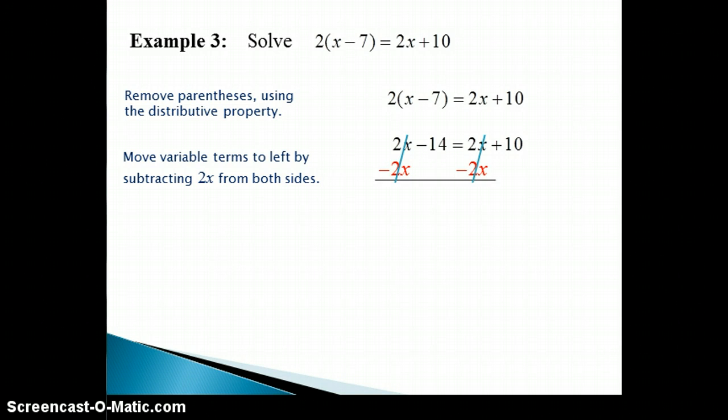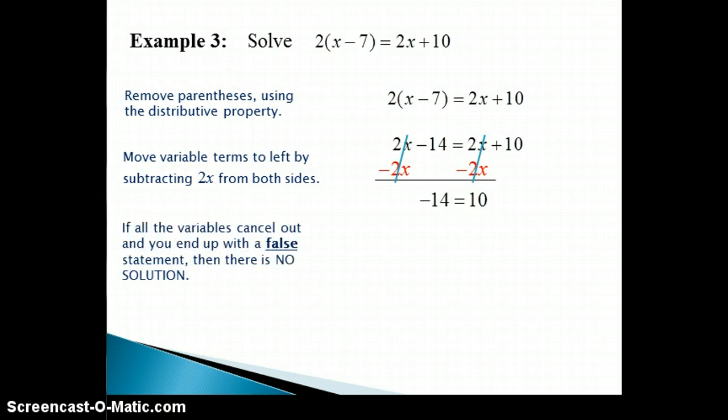Notice that the variables canceled out on both sides, leaving us with the equation -14 equals 10. Whenever in the process of solving the equation, the variable terms cancel out on both sides, leaving you with a false statement like this, it means the original equation has no solution.